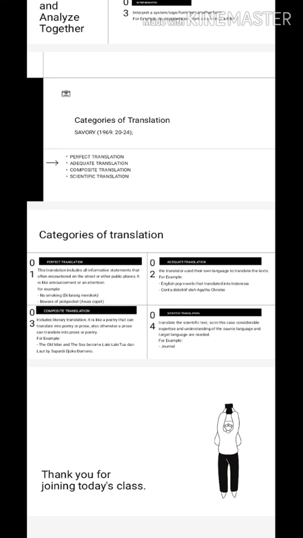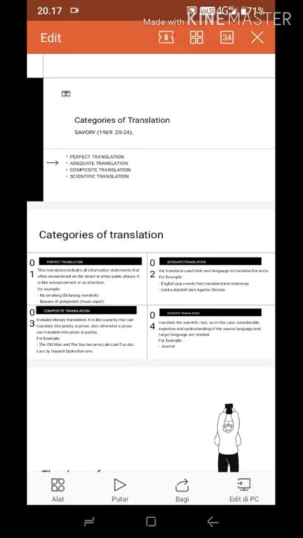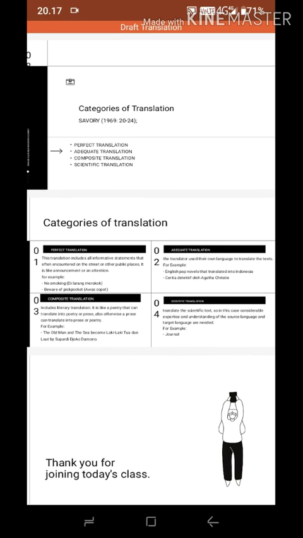They only want to get the story. You can see from the example, detective stories by Agatha Christie, and I think there are some English pop novels that are translated into Indonesian. And number 3 is composite translation.